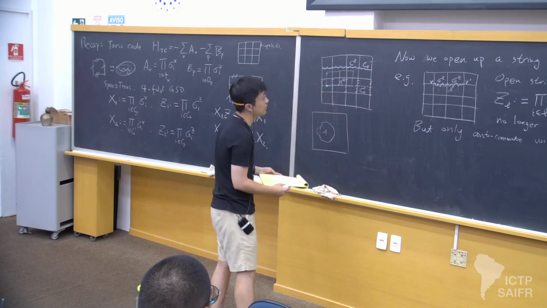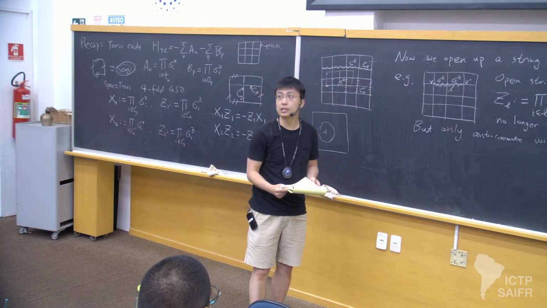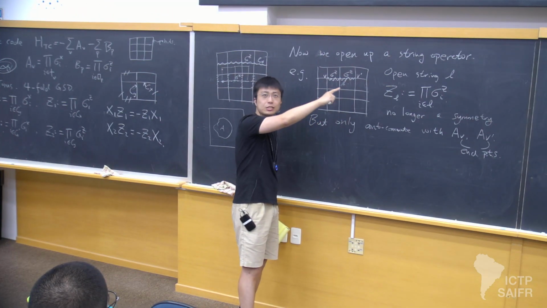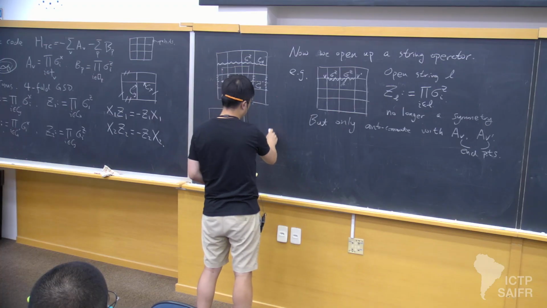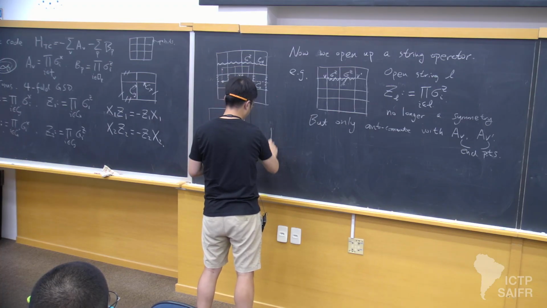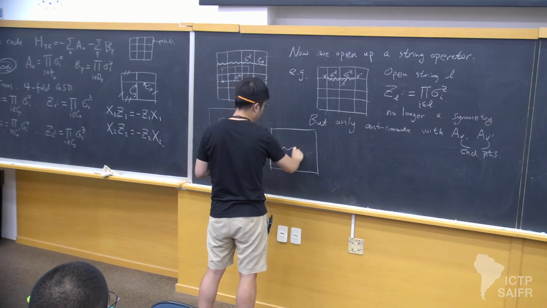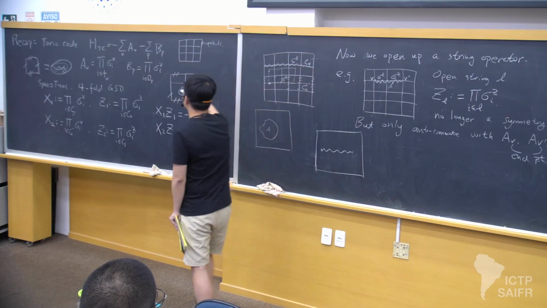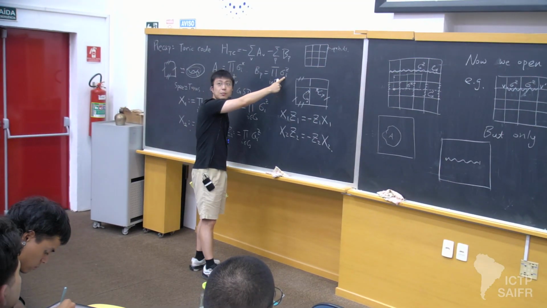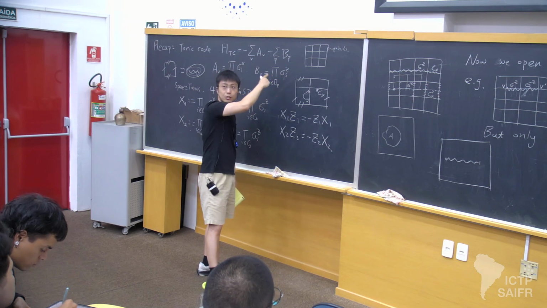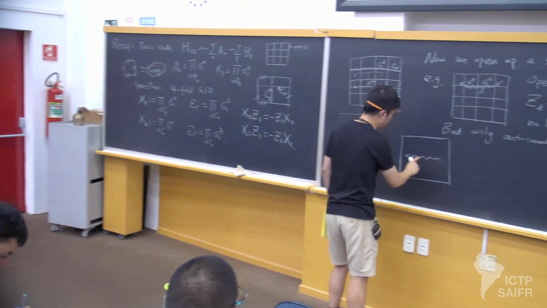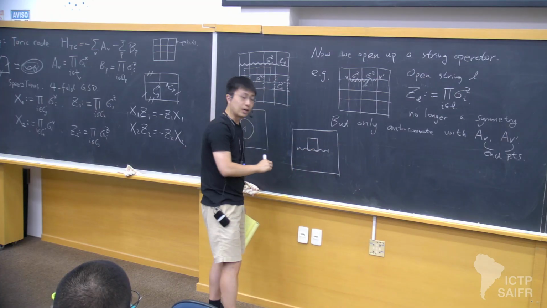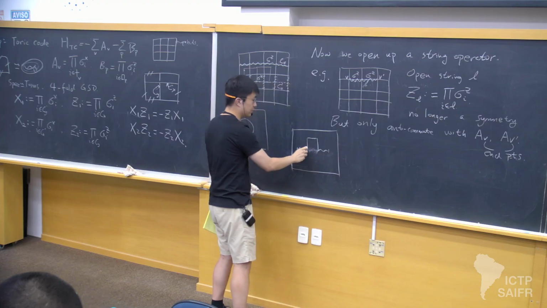Also, you notice that by very similar reasoning as we explained yesterday, the actual shape of this open string doesn't really matter. If I start from an open string that looks like this, I can use a B_P term, which is a multiplication of a bunch of sigma z on a plaquette. So you can multiply by a B_P term and convert this line into this shape.